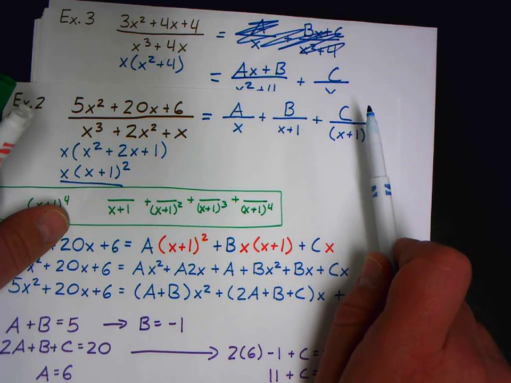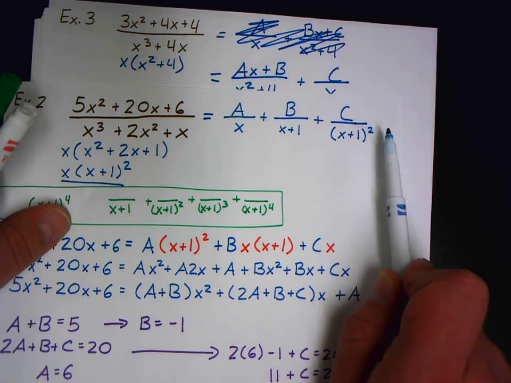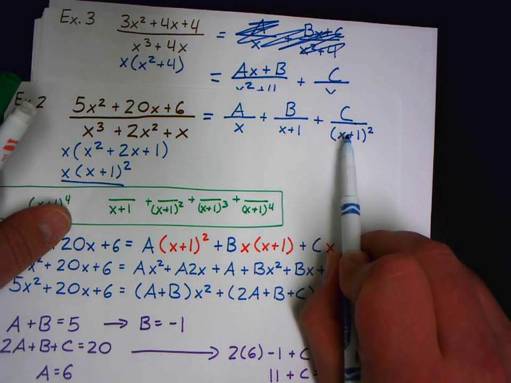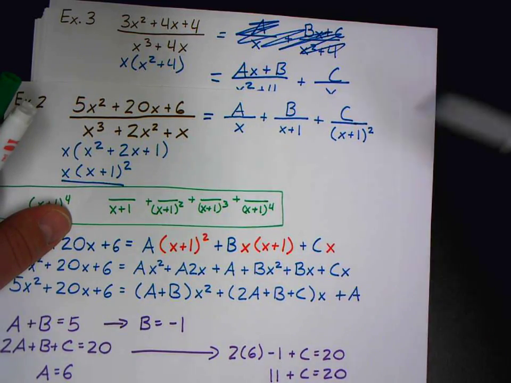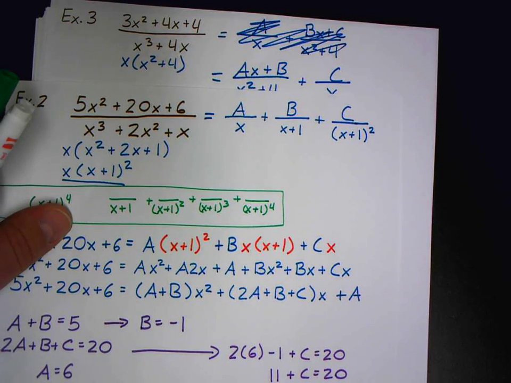I'm not going to go through those. What we care about is whatever is on the actual X. This squared's not on the X, so it doesn't matter. Whatever power is on the X, you want to start with one power less in your numerator and count down. Okay?